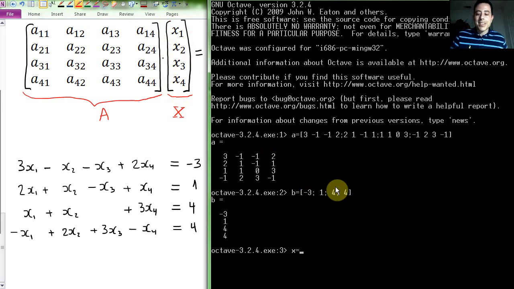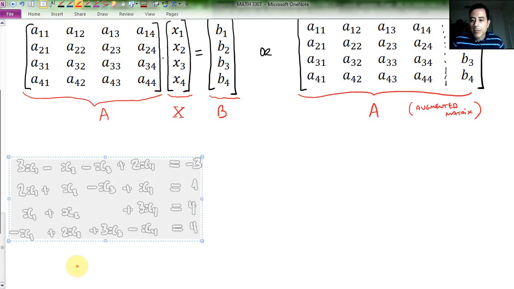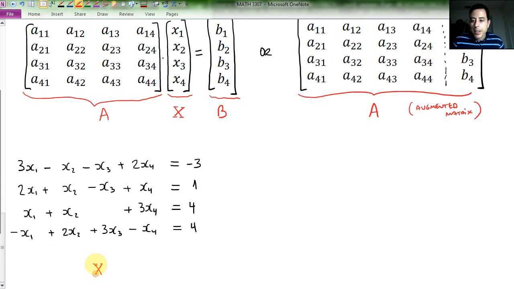You can do A inverse, so A raised to negative 1, and then times B. So we're solving this system by doing x equals A inverse times B.